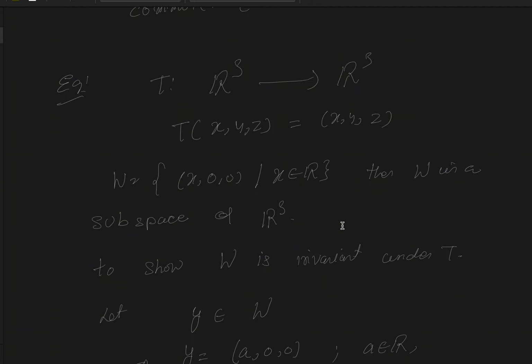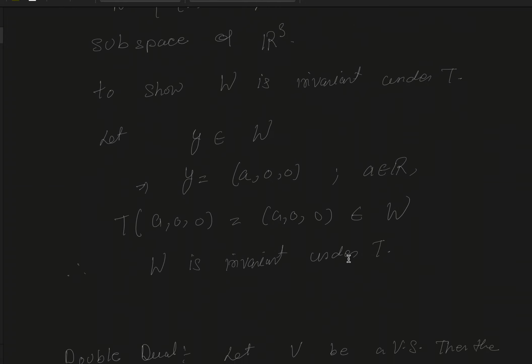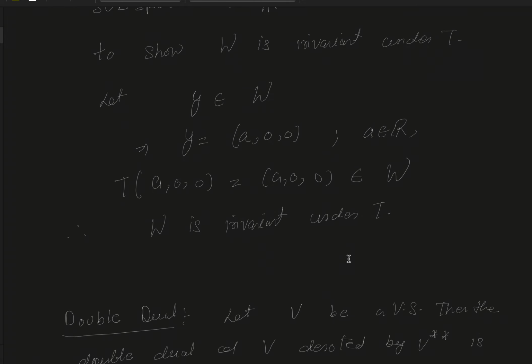We have to take any arbitrary element y from W, and show that T of y is also in W. So if y belongs to W, it implies that y equals (a, 0, 0) for some a in R; y will have this form.